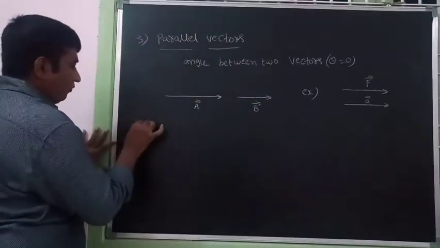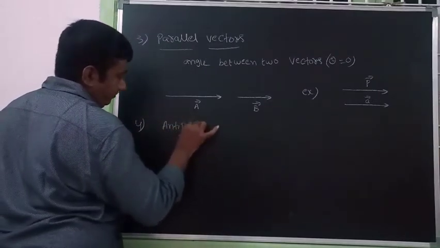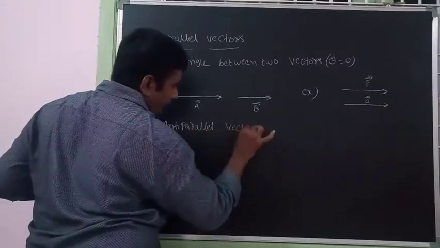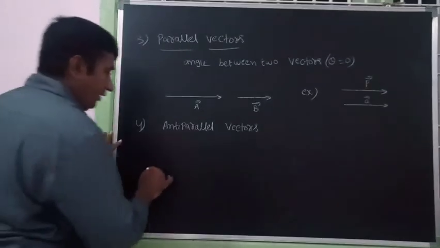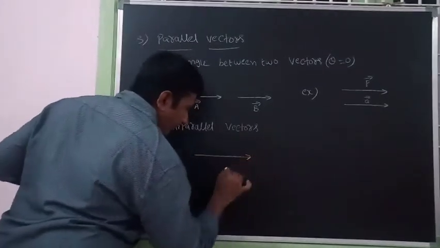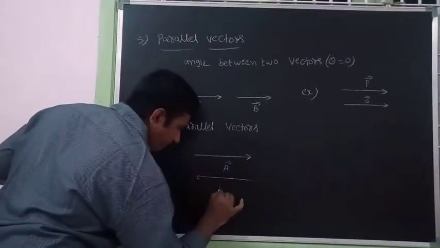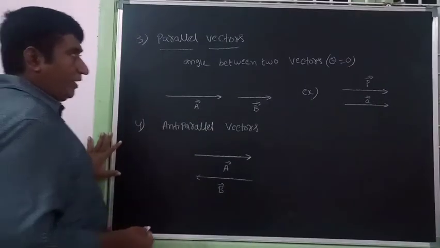So the fourth one, anti-parallel vectors. In the name itself, anti means opposite with each other. If this is an A vector and this is a B vector, we can say A and B are anti-parallel with each other.